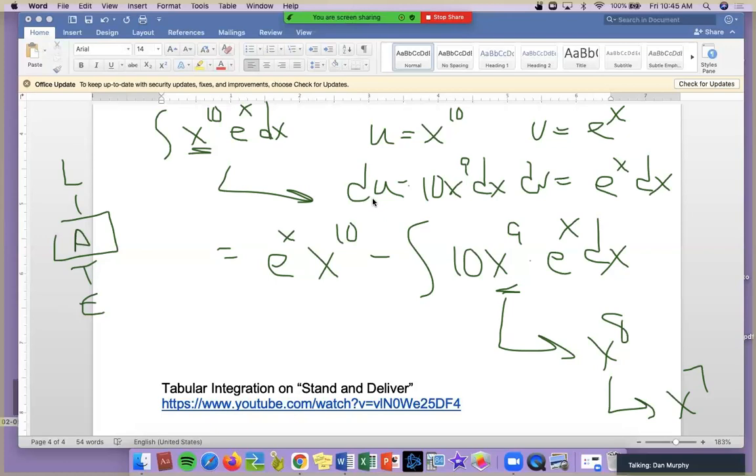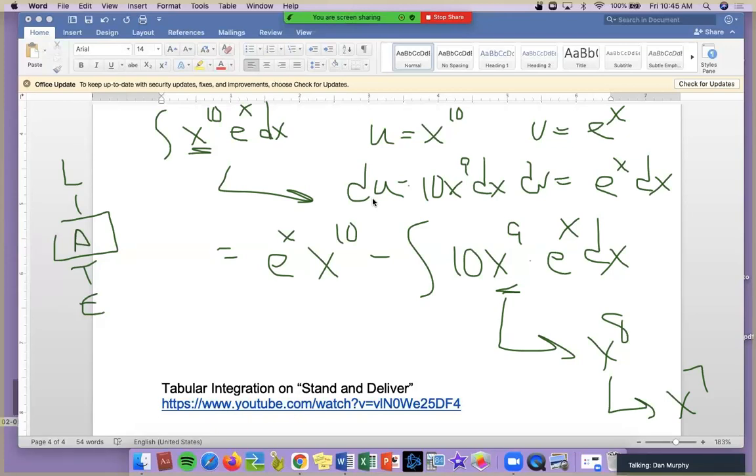It's called tabular integration. It is my opinion that you guys have enough things to do. I think it's a bit gimmicky. It is in your textbook if you want to look up tabular integration. It uses the patterns of the u and changing of signs, look it up.